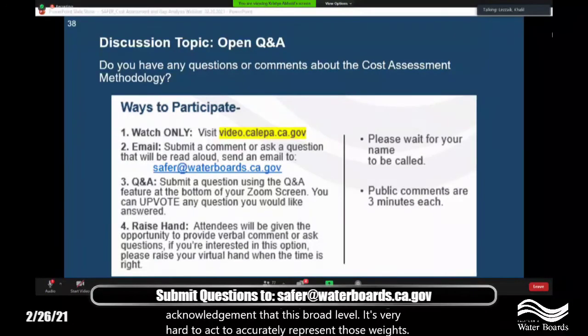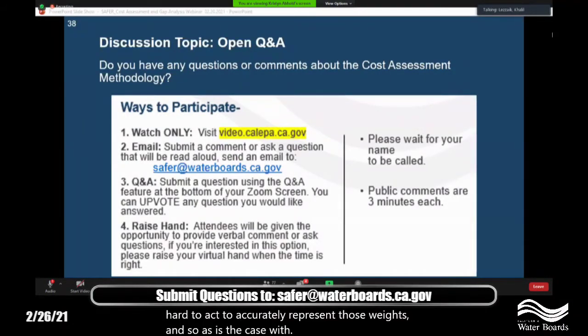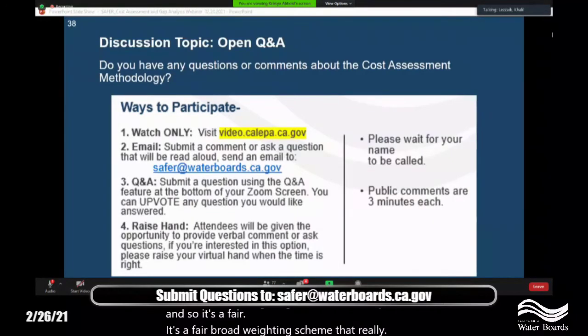As is the case with other multi-criteria assessments, a lot of times the selection of equal weighting reflects the acknowledgement that it's very difficult to come up with a weighting scheme that applies to everything. So it's a fairly broad weighting scheme that really circumvents a lot of those questions that are very hard to answer when you're doing such a broad level assessment.